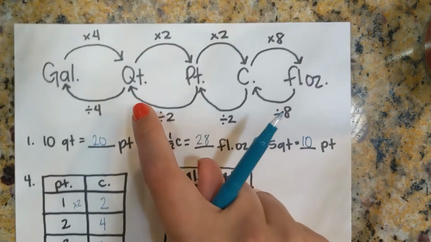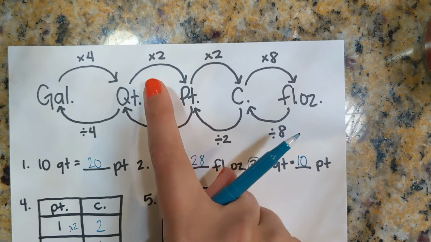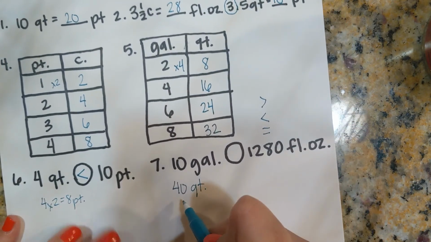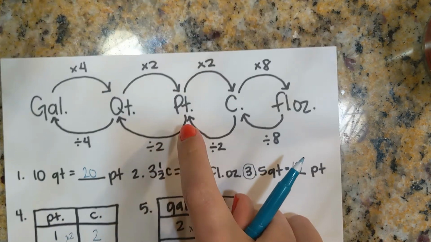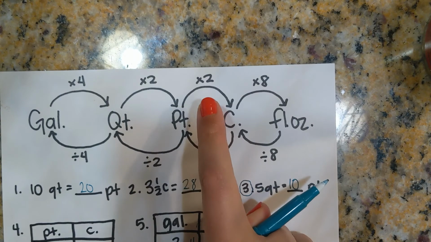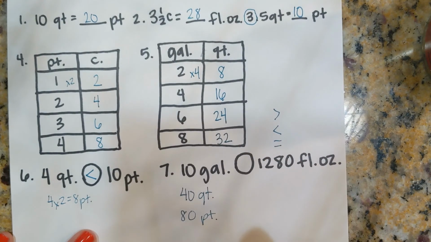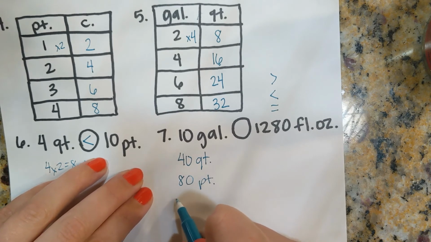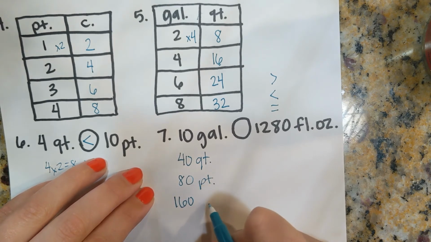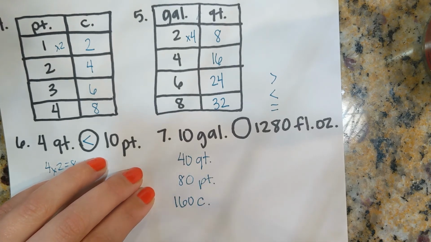All right. From quarts to pints, we multiply by 2. Times 2 is 80 pints. Keep going. From pints to cups, we multiply by 2. We have 160 cups.